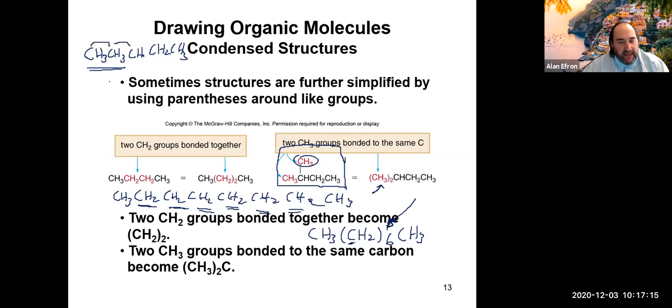And if that was the case, you would then technically have too many bonds to carbon. So usually you wouldn't draw it like this. Most of the time you'll draw that group up, so it indicates that it's not really part of the main chain. It's a branch that's coming off of the main chain. So that's usually the way that people will draw it.